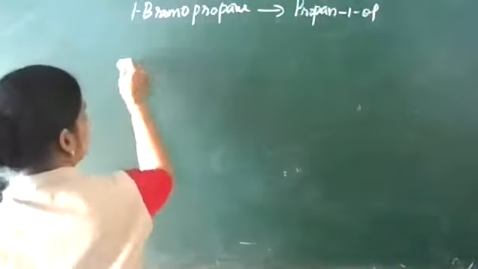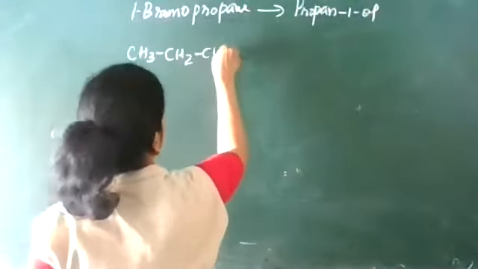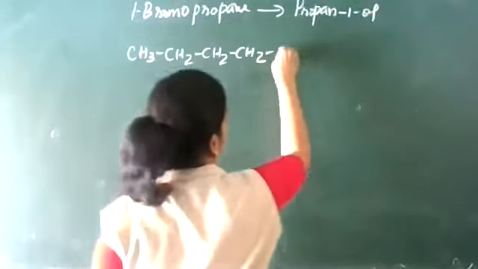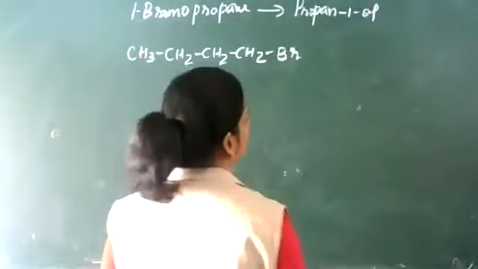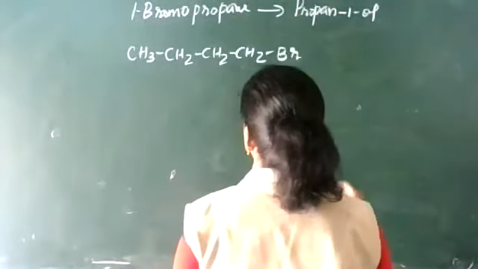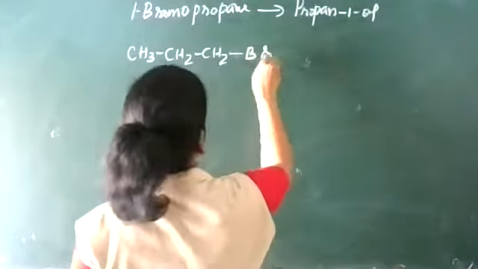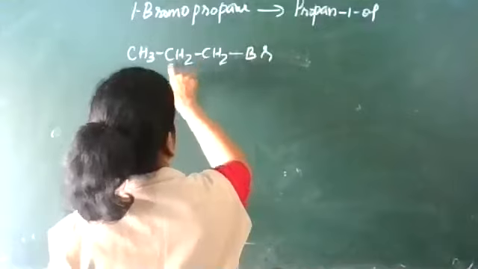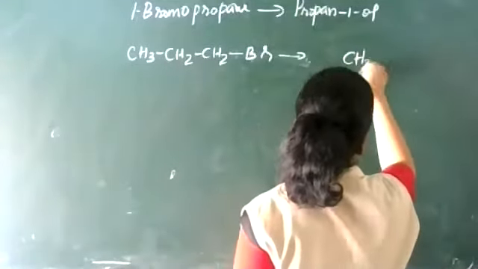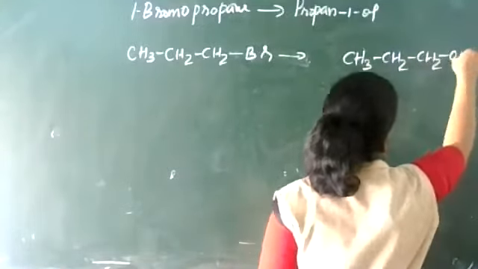What is 1-bromopropane? That is CH3, CH2, CH2, Br, with carbons numbered 1, 2, 3.